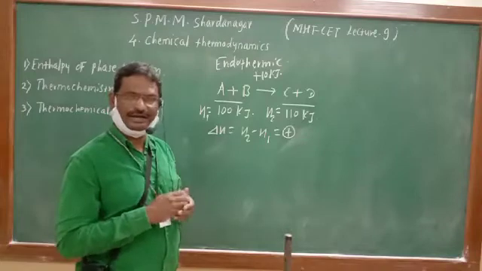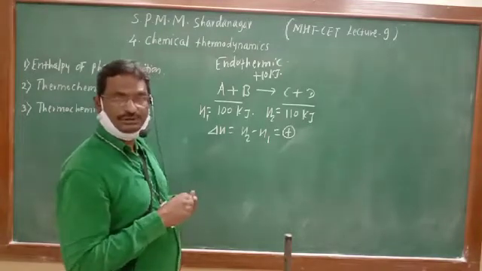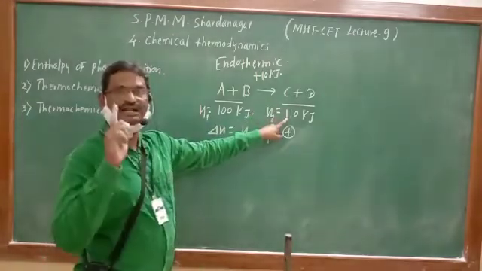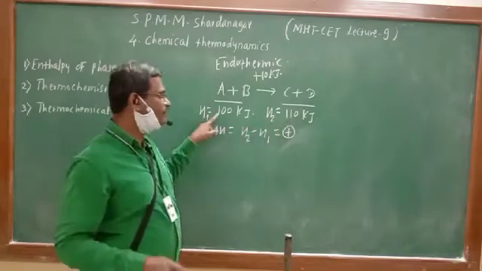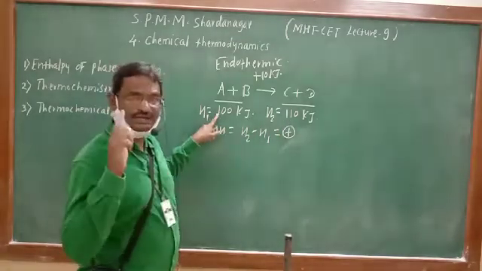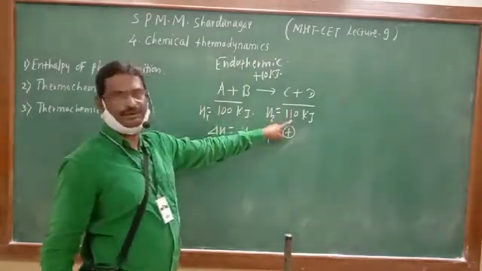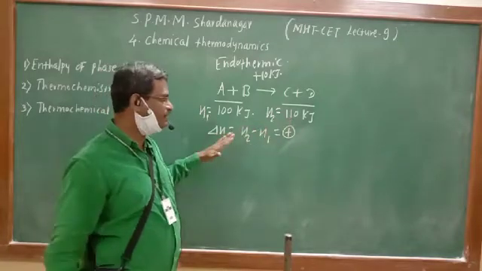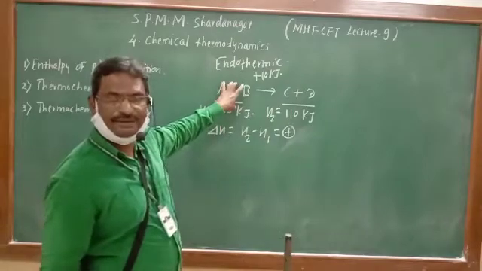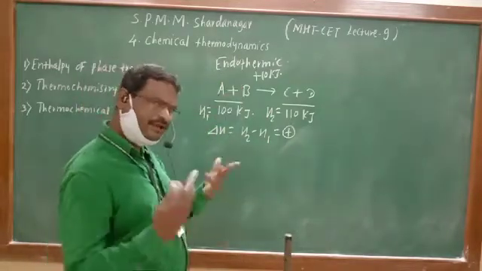Energy and reactivity are directly proportional to each other. Energy of product is more, so they are less stable. Energy of reactant is less, so they are more stable. So in the endothermic reaction, reactants are more stable than the product, because delta H is always positive, and these are the reactions taking place with absorption of heat. See the other type of reaction.